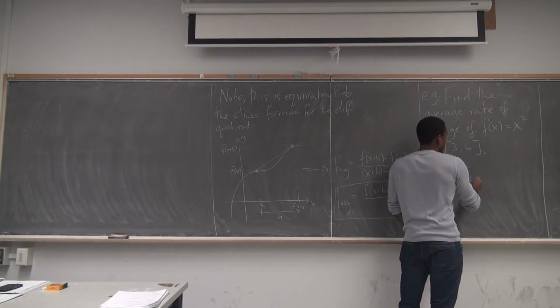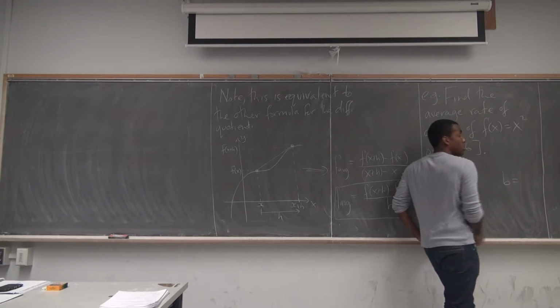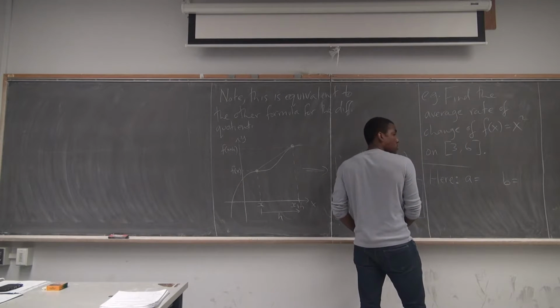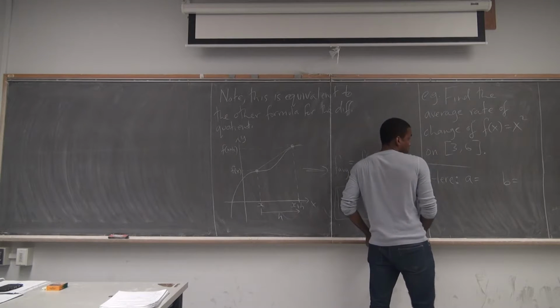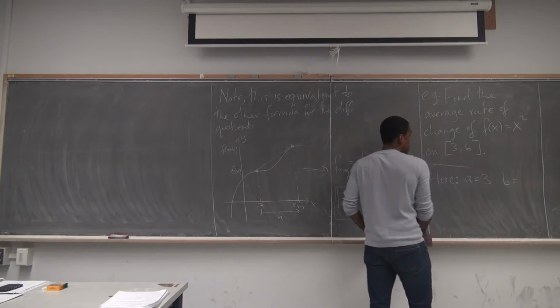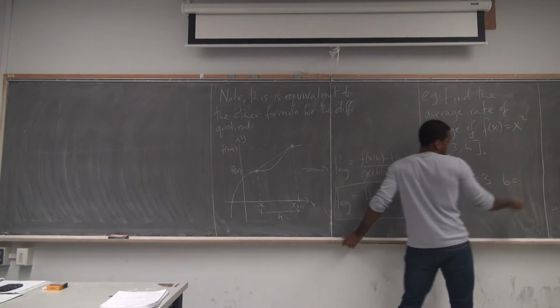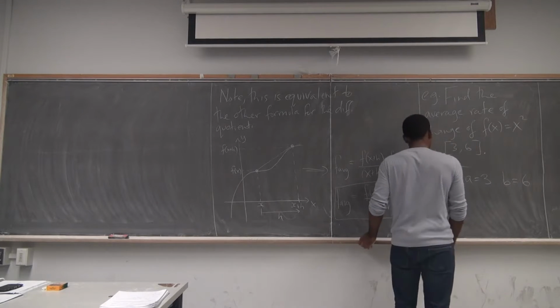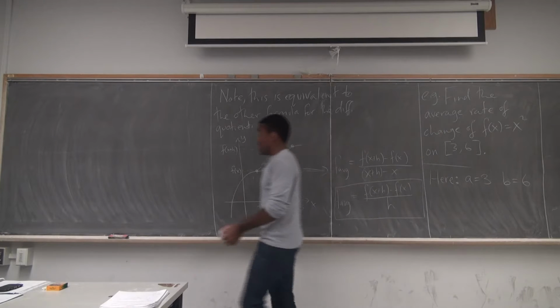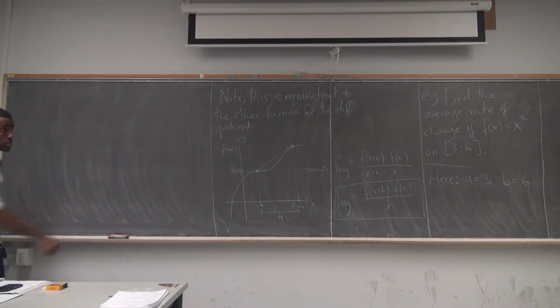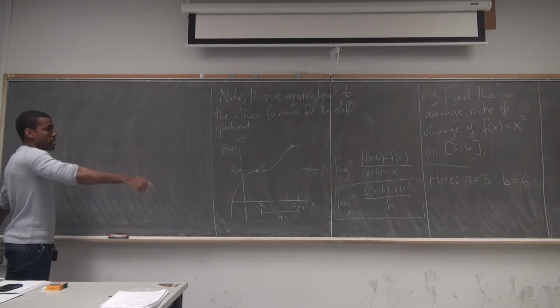Okay, what is A and what is B here? A is 3. The left end point of the interval, that's the starting point, and B would be the other one, 6. So here, if I wanted to find the average rate of change on 3, 6, that means between x equals 3 and x equals 6.